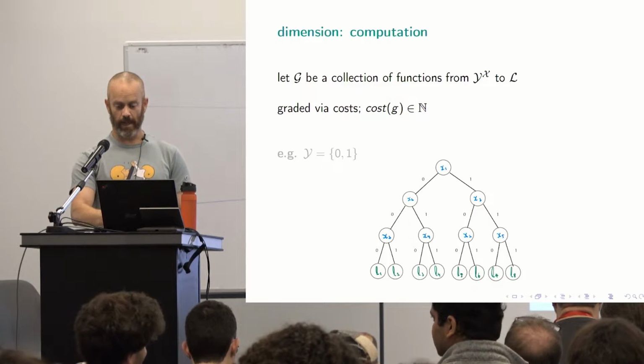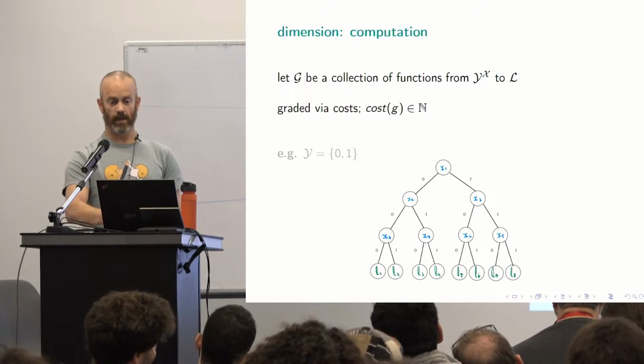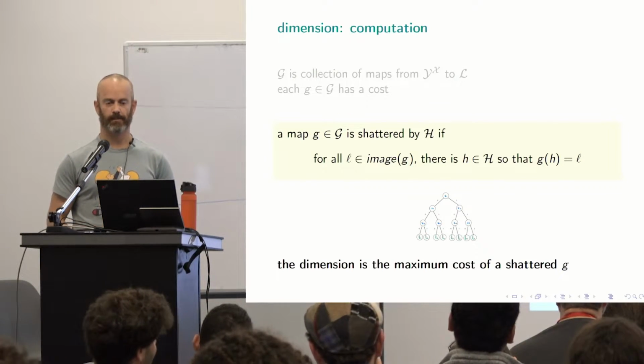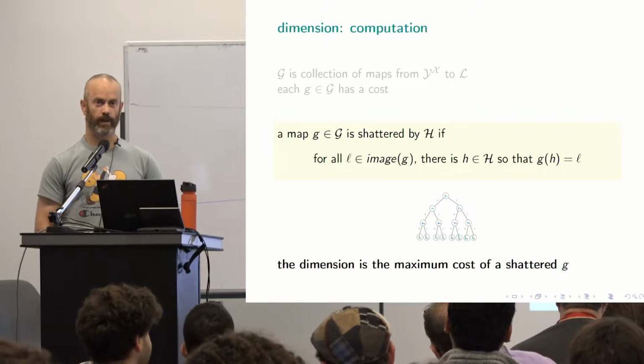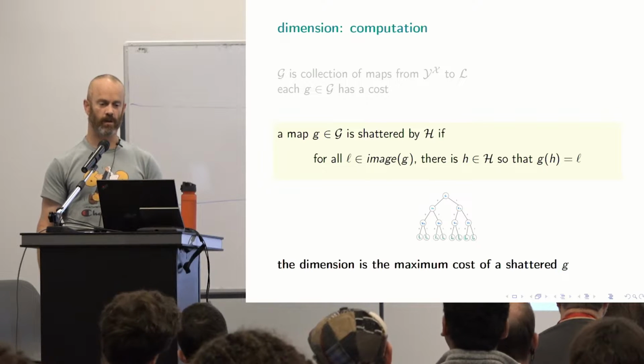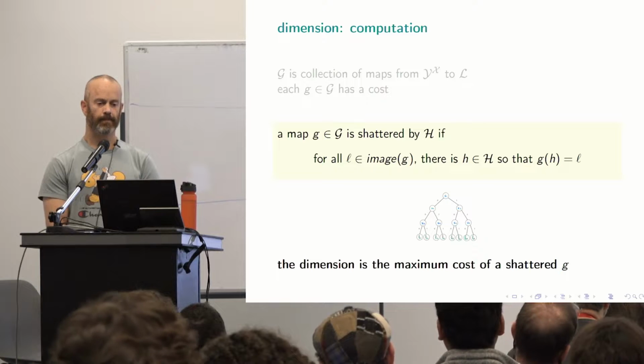Okay, so now if we have such a computational model, we can define a notion of shattering. So we can choose a map in G, one computational model, in this example, a single decision tree.